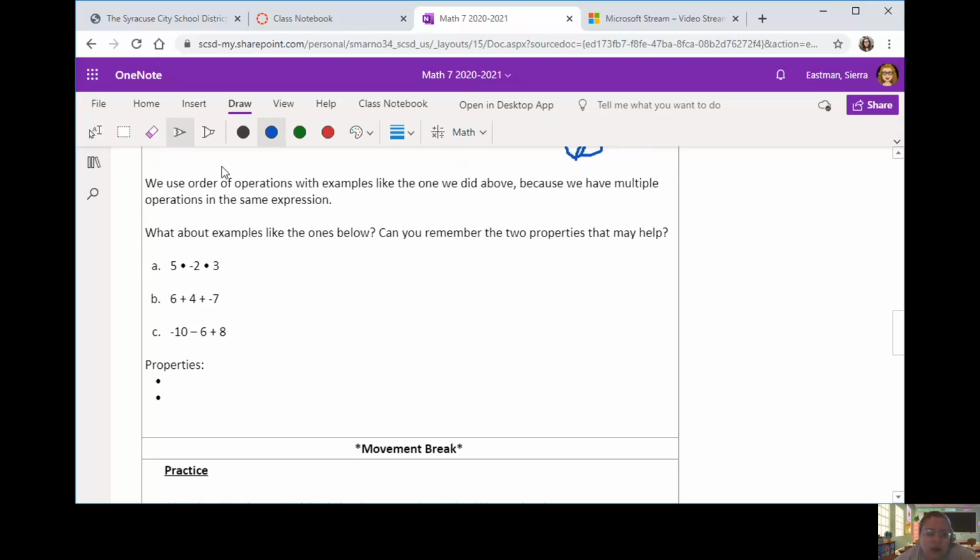For example, on question A, if I did not want to multiply this negative until the very end, I could change this to say 5 times 3 times negative 2. Okay, that is using my commutative property. I'm changing the order.